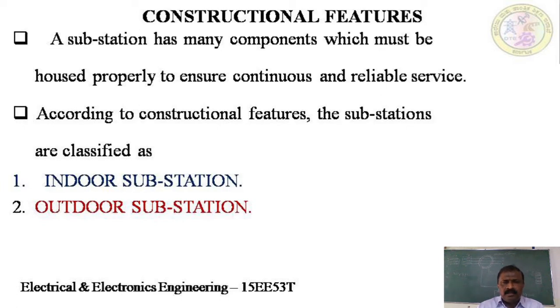A substation has many components which must be housed properly to ensure continuous and reliable service. According to the constructional features, substations are classified as indoor substations and outdoor substations.